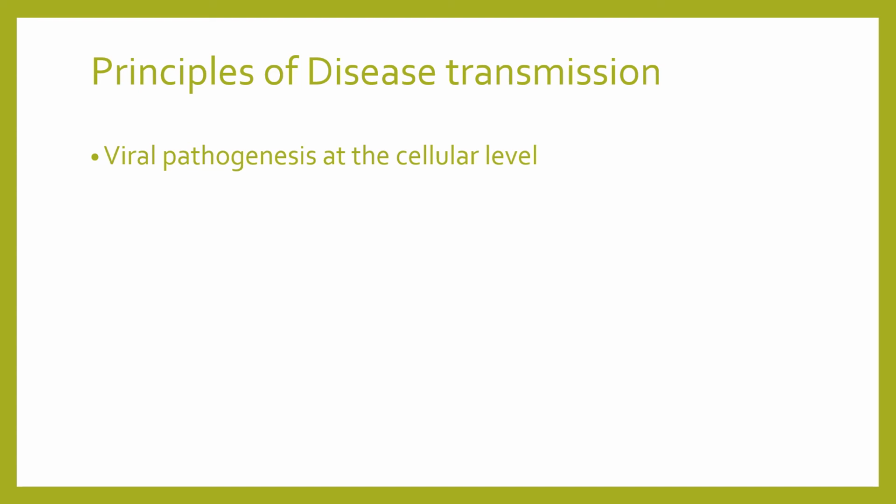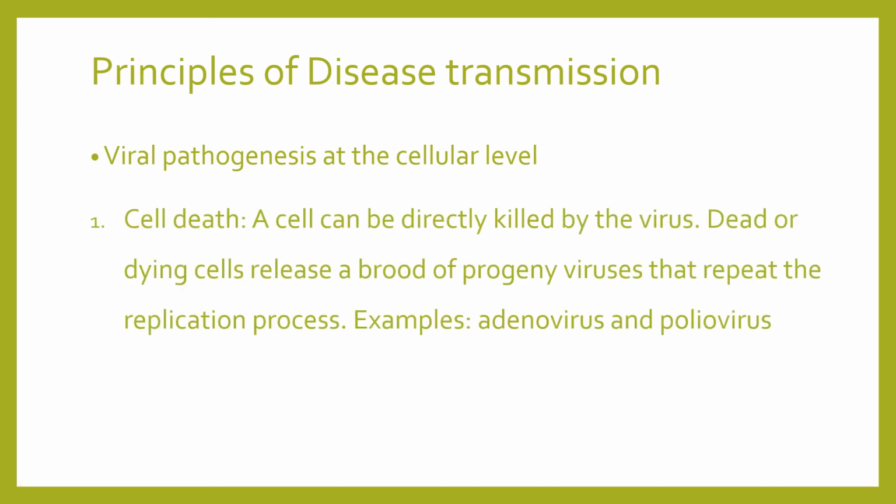So, viral pathogenesis at the cellular level: cell death. A cell can be directly killed by the virus. Dead or dying cells release progeny viruses. Once a cell has been infected, there is invasion of the virus.